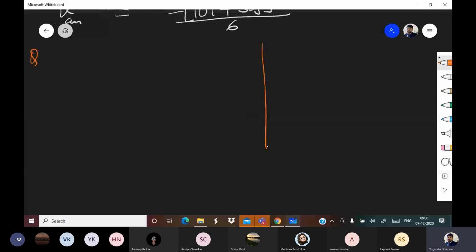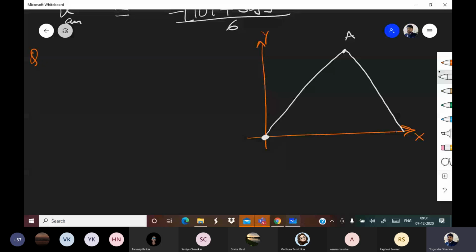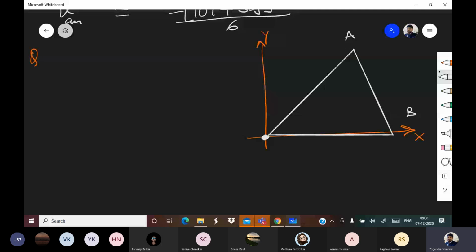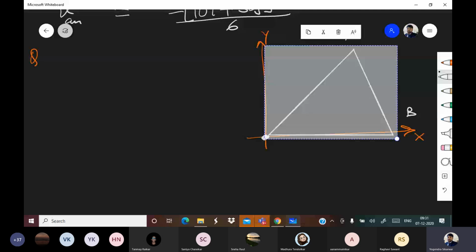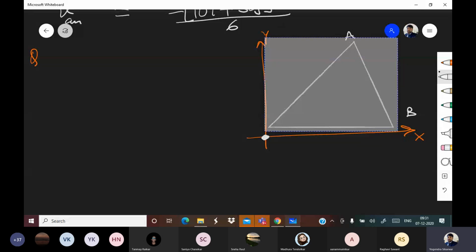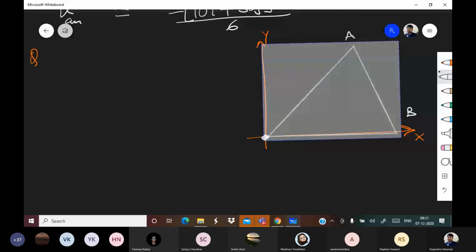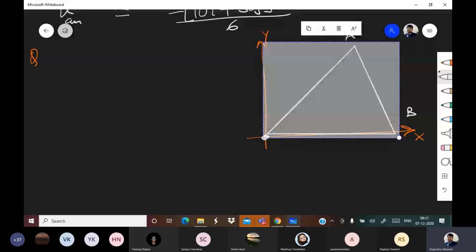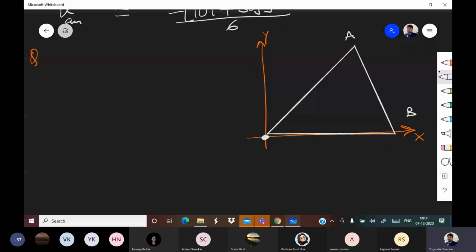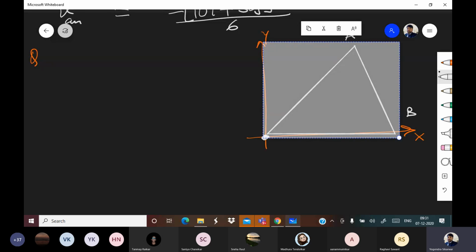So again we have x-axis, we have y-axis, and we have particles. One particle is at origin as usual. One particle is at point A and one particle is at point B, and let me connect it. We need to slightly shift it.